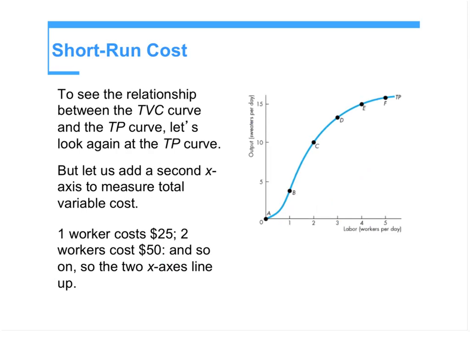So to see the relationship between the total variable cost curve and the total product curve, let's look again at the total product curve. You see how steep it is at the beginning, and then it becomes less steep? Well, let's add a second x-axis measure, which is the variable cost. One worker costs $25, two workers cost $50, and so on.